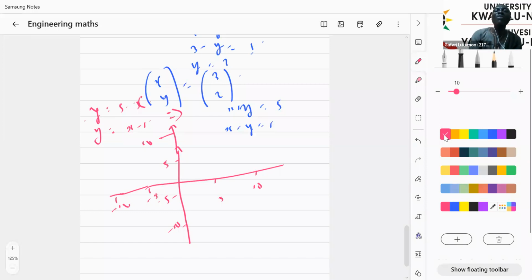So if my s is equal to 0, that is at the point of origin, then I'm going to see that my y is going to be 5. So if my s is equal to 1, it's going to be somewhere around there. We substitute the value of 1 here, so then your y is equal to 5 minus 1, which is going to give you 4. Then you have something of this nature. Okay, let's say your y is equal to 5, then this is going to be 0.